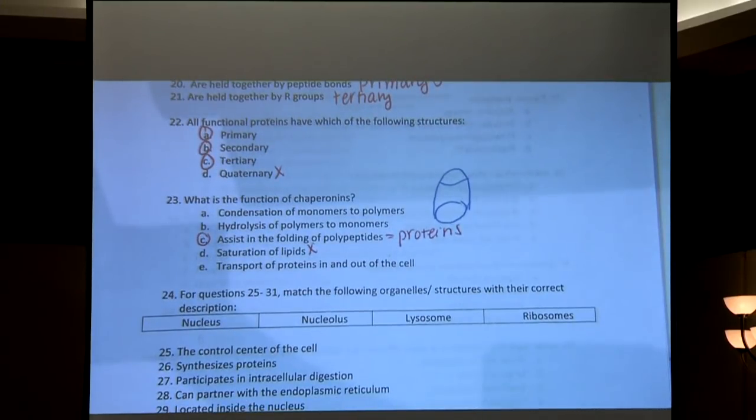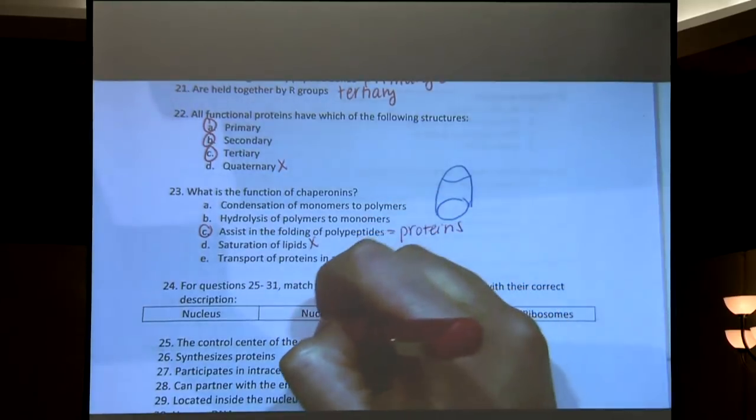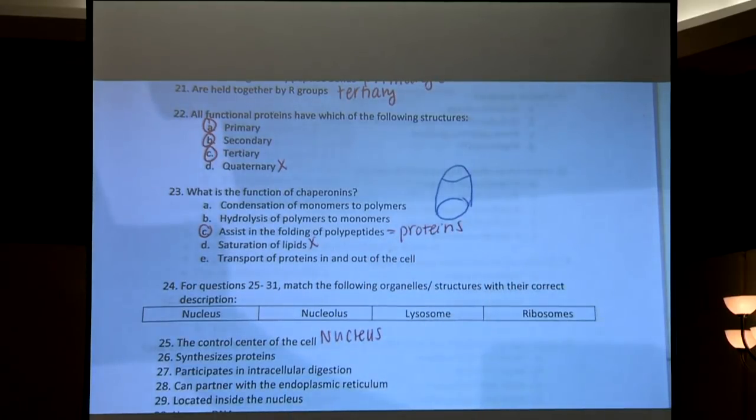All right, so we also had our section about organelles and structures. So it's important to kind of remember what these structures are and where they might be located. So our main ones we have here is our nucleus, our nucleolus, our lysosome, and our ribosomes. So what is the control center for the cell? Good, so our nucleus. What synthesizes proteins?